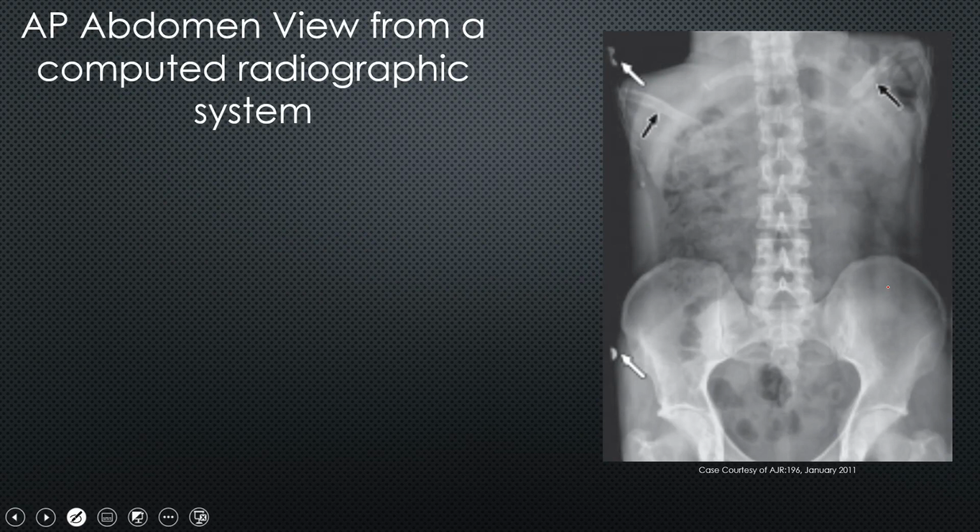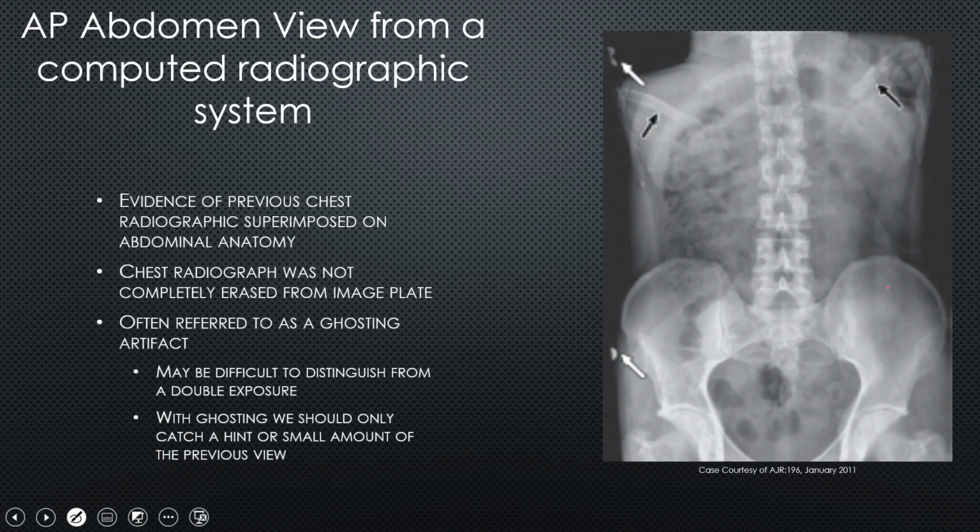Here we have an A to P abdomen view, also from a computer system. Looking closely, you can just see that there was evidence of a chest x-ray that was performed that's been superimposed on this x-ray here.